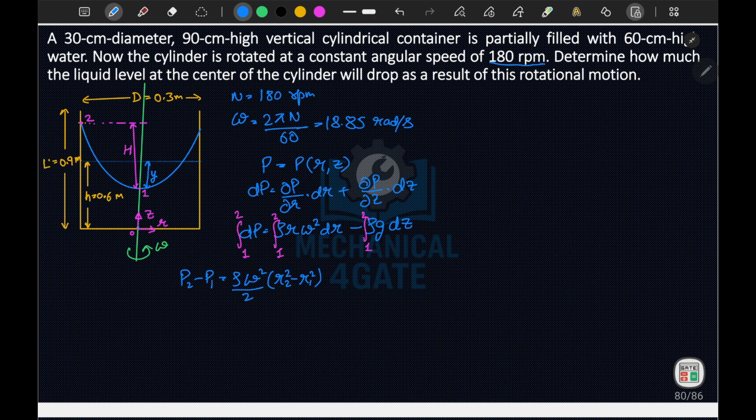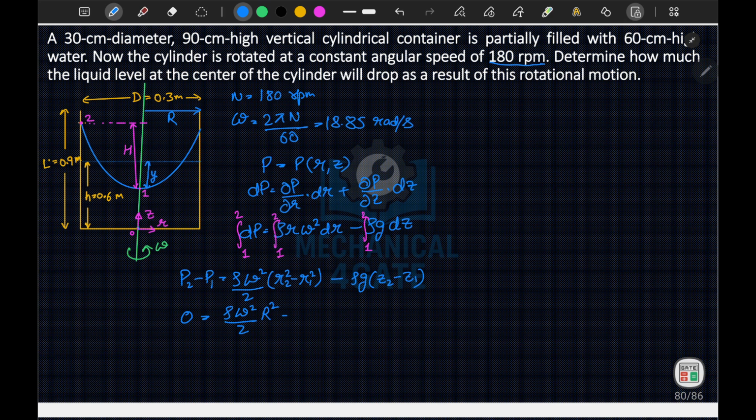Okay, minus, now here this will become rho g times of z2 minus z1. If we substitute the values here, this will become 0, because p1 is equal to p2. And here rho omega square by 2 times, let's say this radius is a capital R. Okay, so r2 is equal to capital R square, minus r1 square is equal to 0.